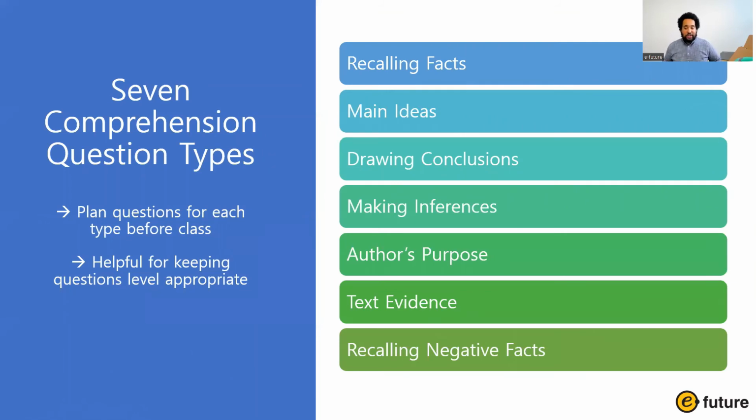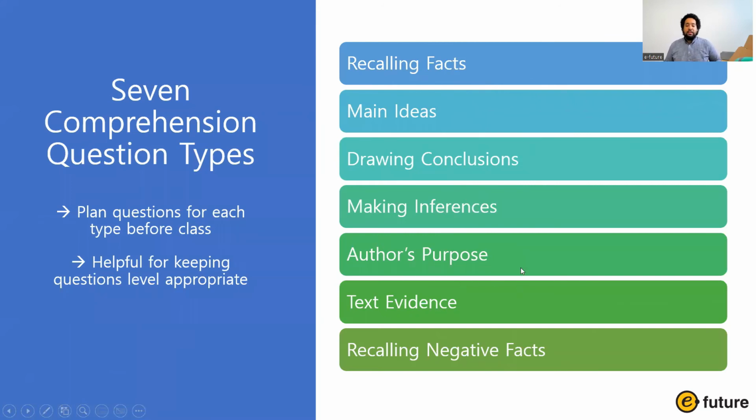An inference question is where they have to use the story to understand a greater concept, a more abstract concept, but the specific answer itself will not come from the story. Both of these are useful because they expand on the ideas and the concepts of the story, but they're higher level. So for a very young learner class, I would probably not be asking these questions. I would be really sticking with recalling facts and main ideas.